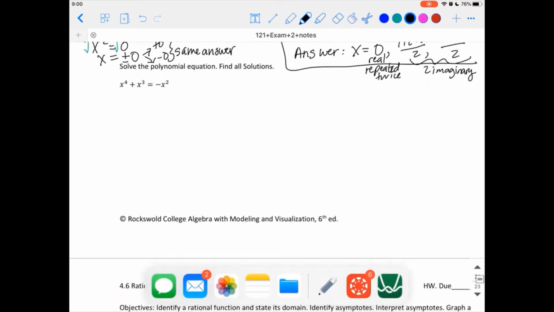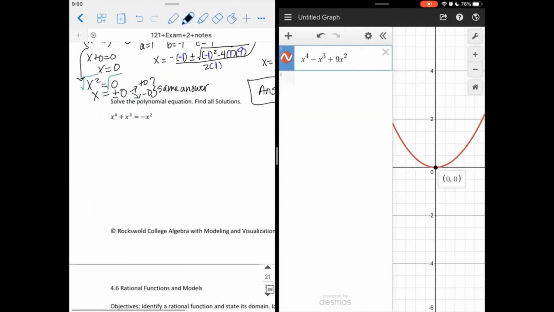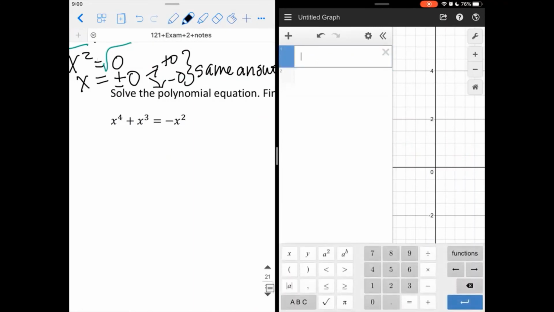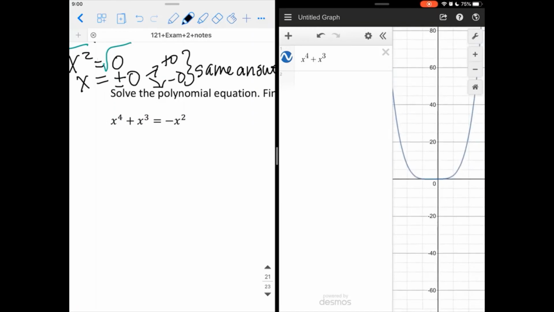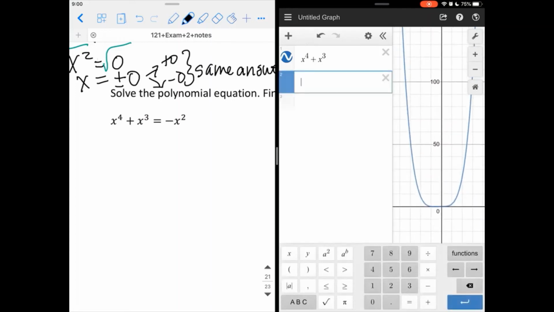I've told you that you can use Desmos to try to find the solutions to see where they intersect. So here, let's do this one. So on one side, I'm going to do x to the power of 4 plus x to the power of 3. So that's this equation right there. Highest power of 4, a is greater than 1, so it looks like that.